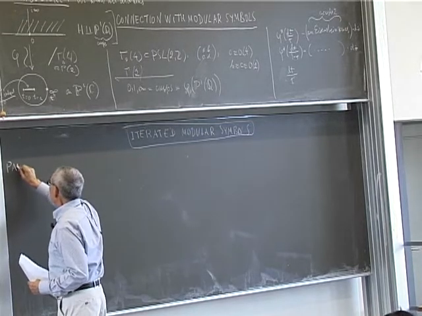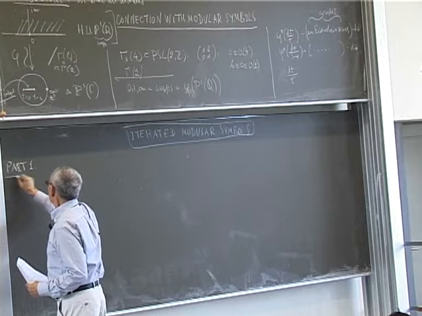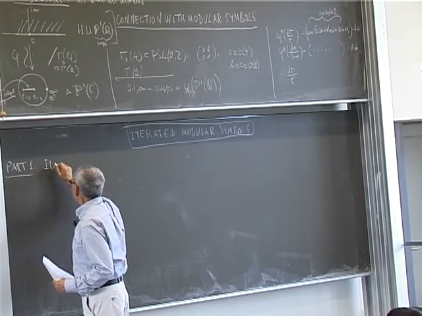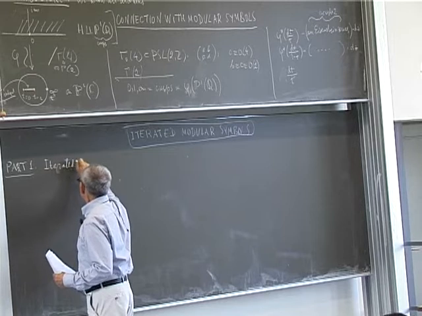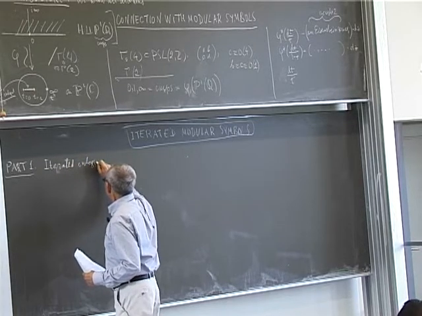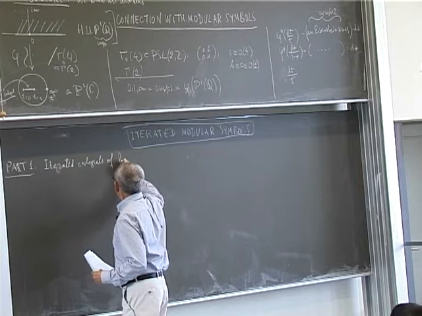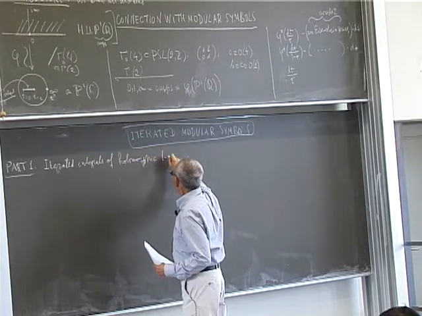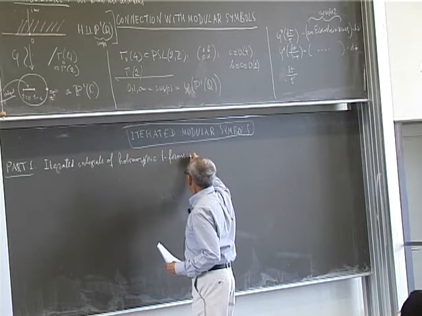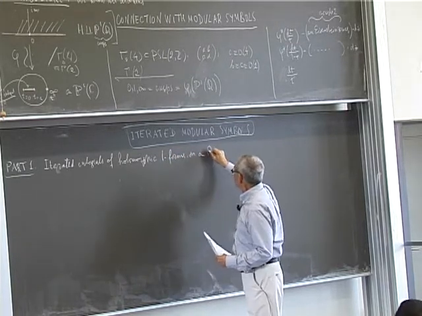So part one, iterated integrals of holomorphic one forms on a general Riemannian surface.